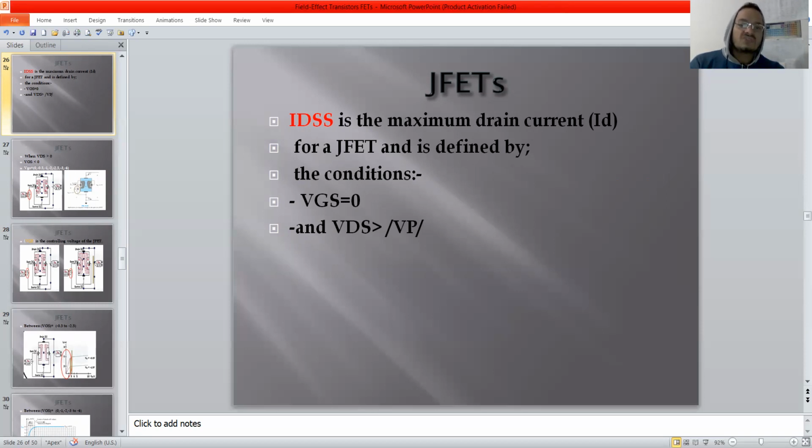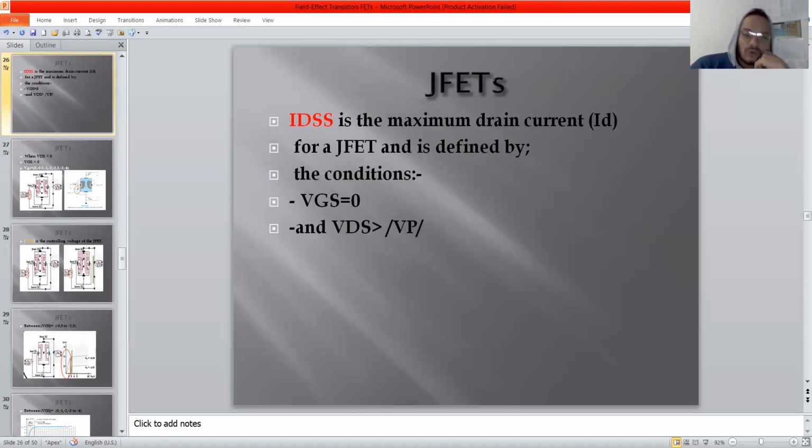Now, when the drain source voltage is bigger than 0, let's try to apply a negative voltage, that means reverse bias, to the gate source voltage. What will happen? If we have the same diagram between the current and voltage, what will the difference be? Let's learn all of this important information.